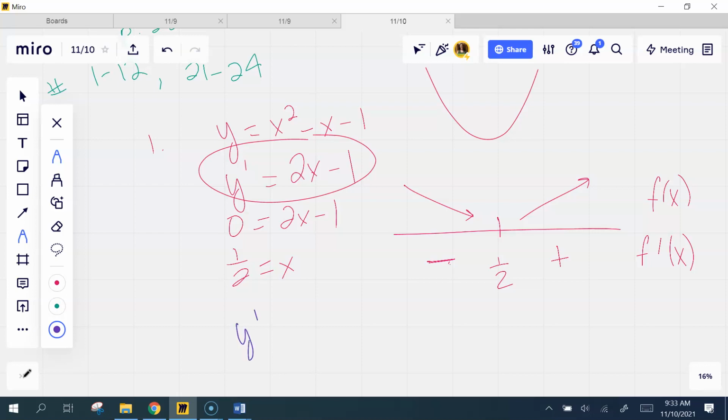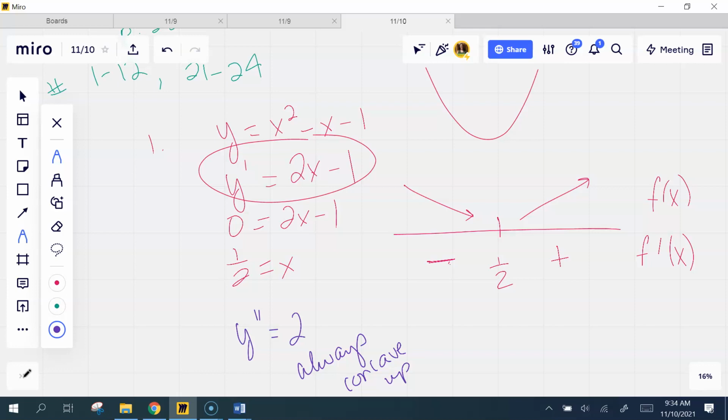What's the second derivative? 2. It's always positive, and it never equals 0, which makes sense because there are no points of inflection. It never changes concavity.